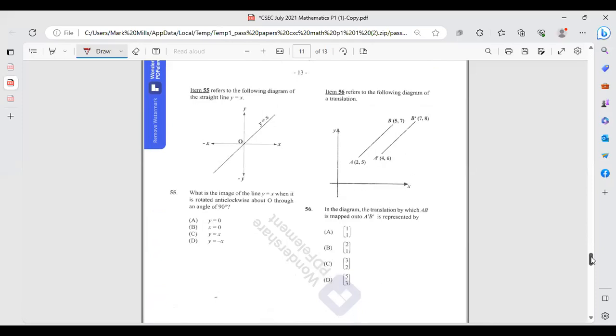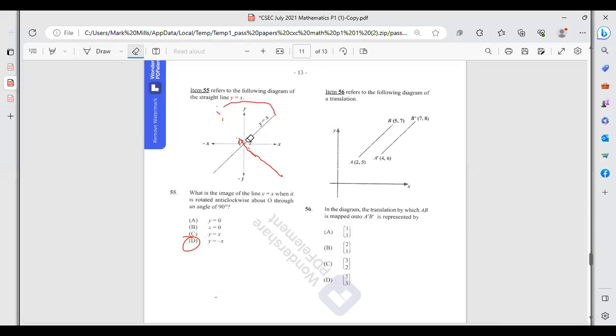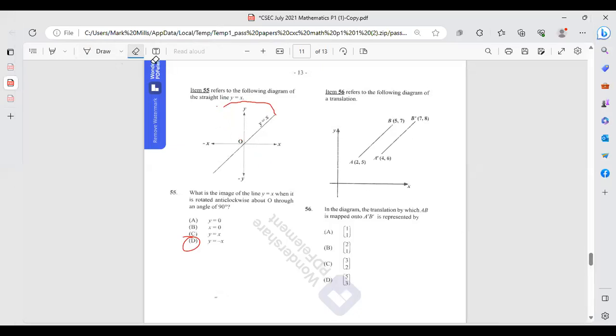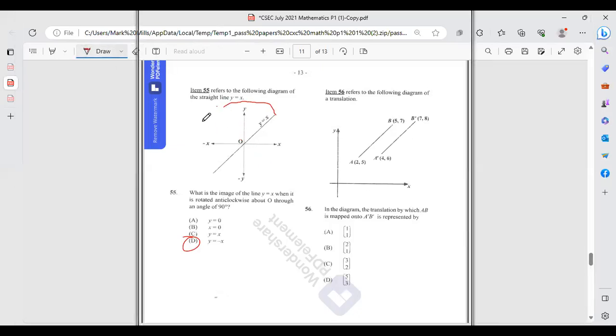What do we have here? Sir, 55 is D. So this one here, they say anti-clockwise, right? Anti-clockwise, this one here will move from here, come to this side, and it will go this way. You see that? Yes, sir. It should have been Y is equal to negative x. Right, Y is equal to negative x. So that being this.